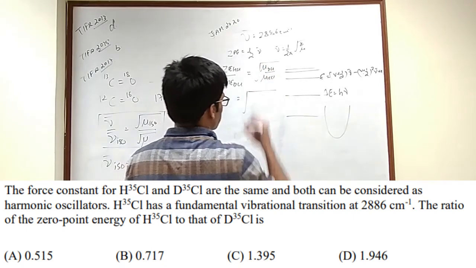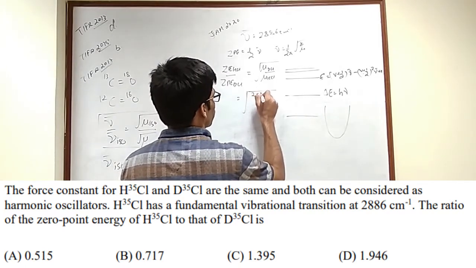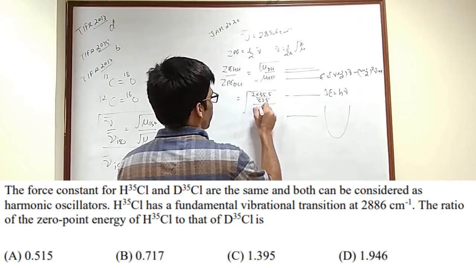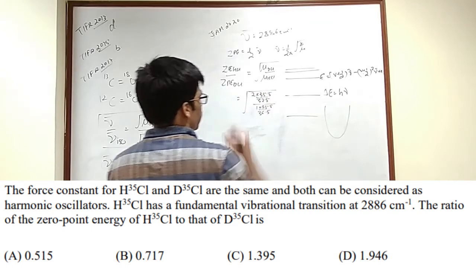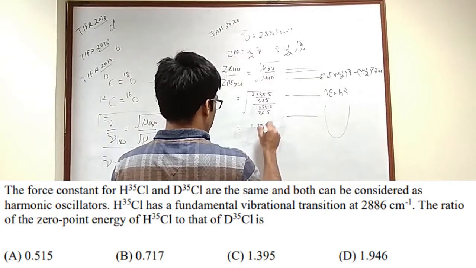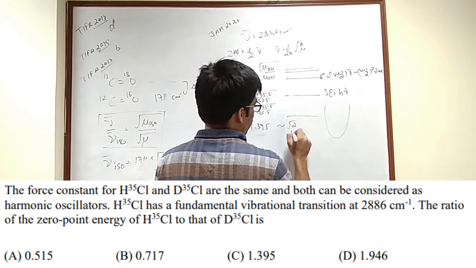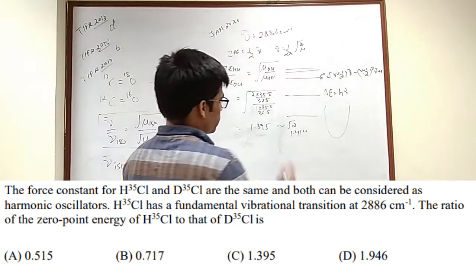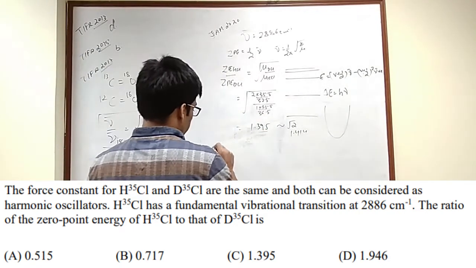And this is 2 into 35.5 by 37.5, divided by 1 into 35.5 by 36.5. If you solve this, you should get somewhere close to 1.395. Now this is approximately equal to root 2, 1.414. So even without solving properly, you can say the answer is supposed to be 1.395 if you are given the options.